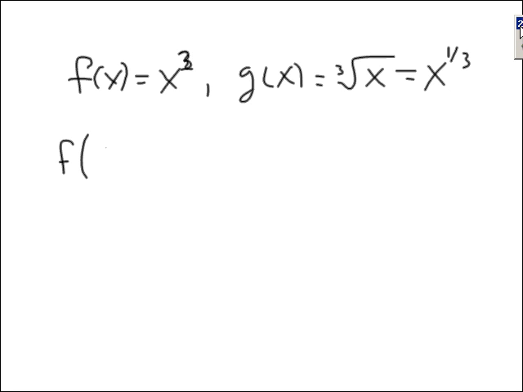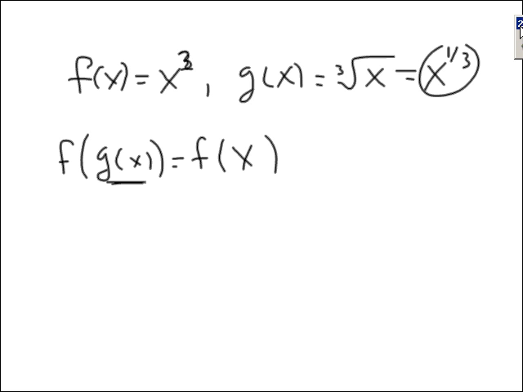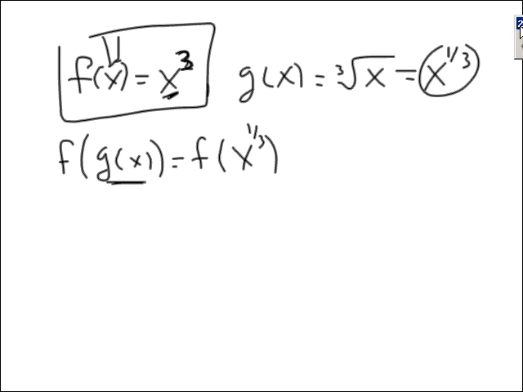So we need to look at f of g of x. But that's g of x. Now, what is f? What does f do to what you put in the brackets? It takes what's in the brackets and raises it to the third power.